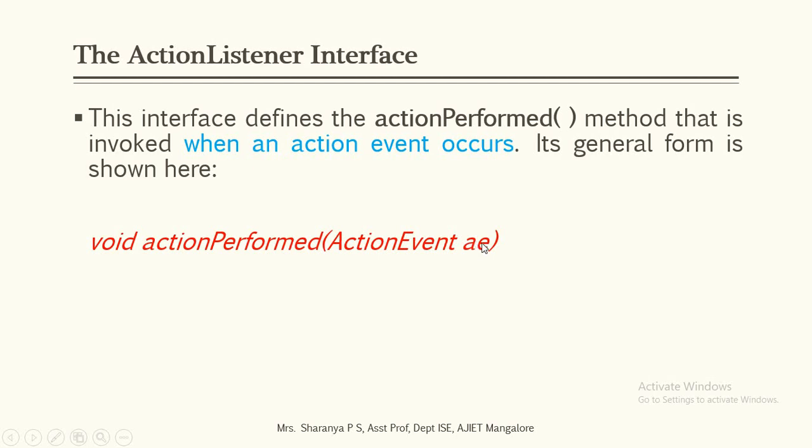This is how a connection is built between the source and the listener. And inside this method, we can define what action it needs to perform when that event is generated.